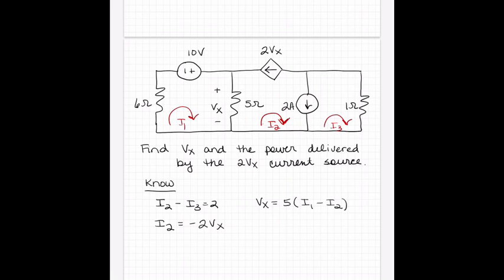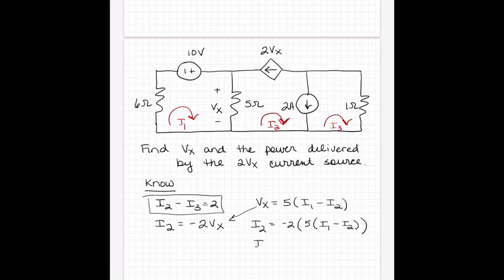Okay, so now let's think about what we need. We have one equation here. Let's substitute Vx into this expression while we're here. So I2 is equal to minus 2 times 5 times I1 minus I2. I've just substituted Vx into that expression.